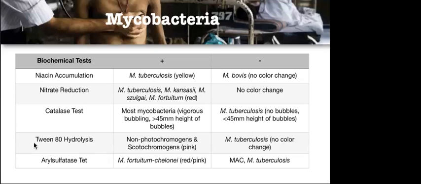And then we have Tween 80 hydrolysis. This would differentiate your non-photochromogens and scotochromogens from Mycobacterium tuberculosis. Arylsulfatase test, positive for fortuitum and chelonae, negative naman si tuberculosis and your avium complex.